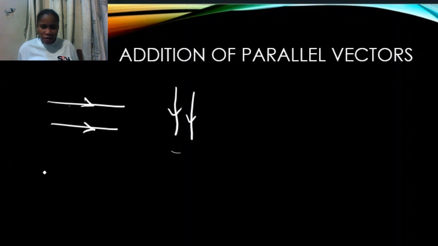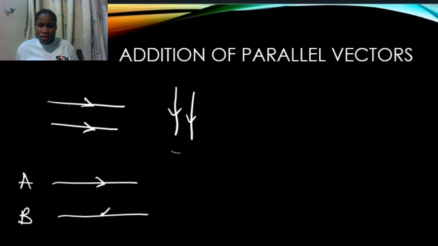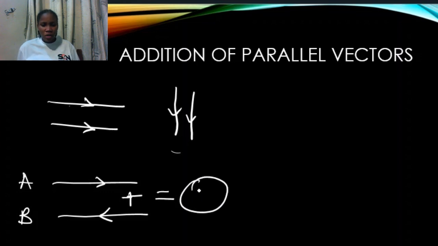So let's say vector A is moving in this direction and vector B is moving in this direction. And you have to add these two vectors to get a vector with a magnitude. Note that we are adding their magnitudes.